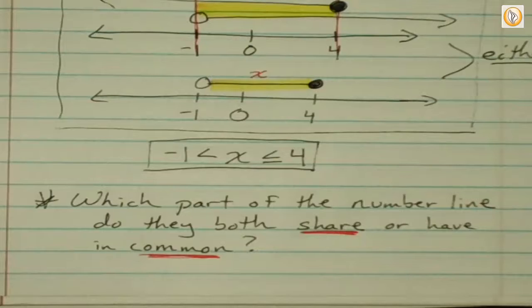Any questions so far? Not too bad, right? Mistakes are going to be if you graph it wrong. You know, if you move that arrow going in the wrong direction, that could hurt you.